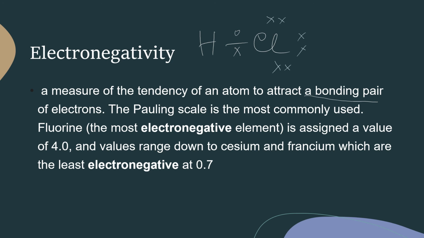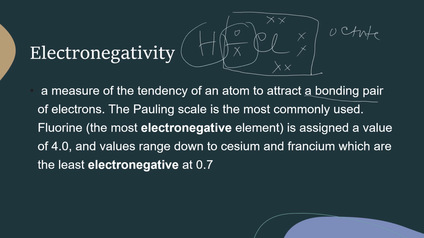When sharing 1 electron from hydrogen, chlorine will complete its octet. Hydrogen becomes a duplet, similar to helium. Chlorine becomes similar to argon.